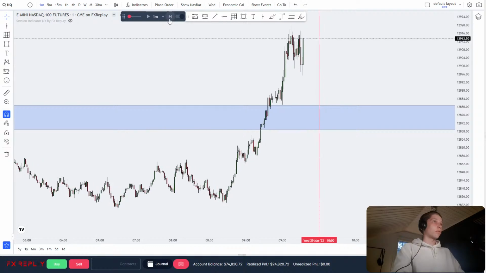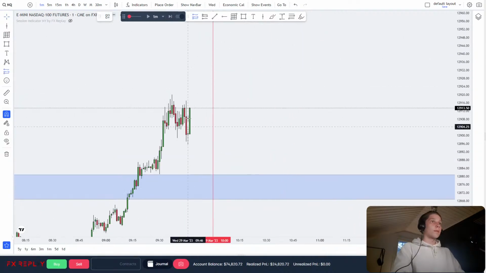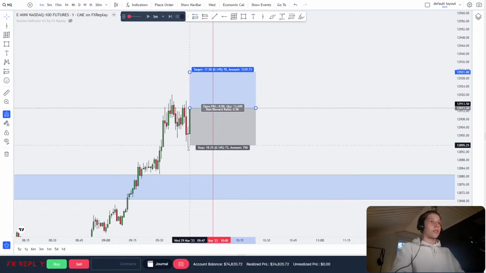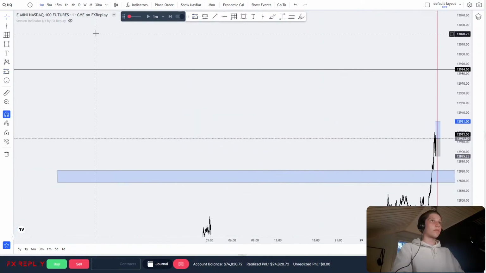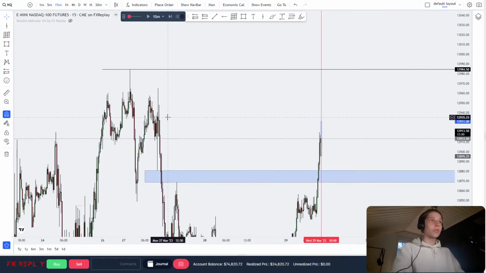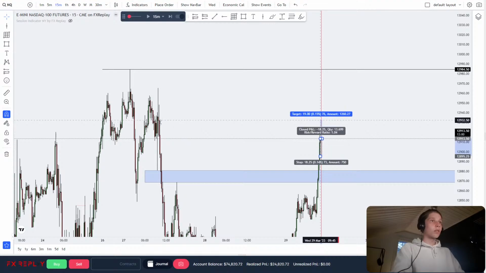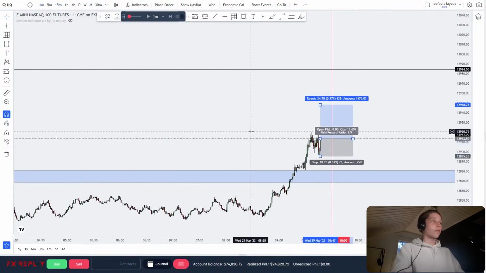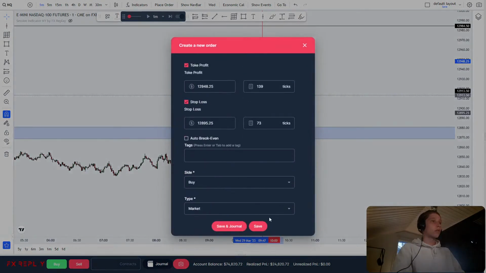We are looking bullish. I like this gap. I need to make a quick review of what is going on here. That is an okay target for me.